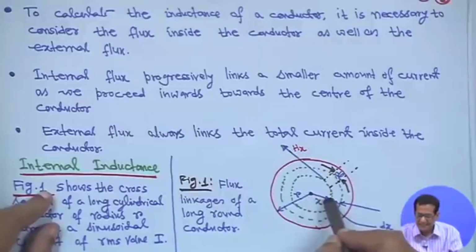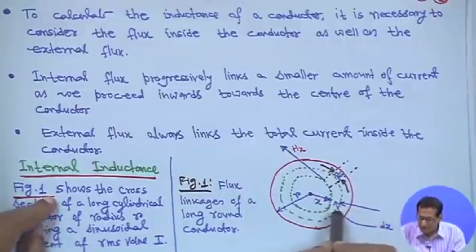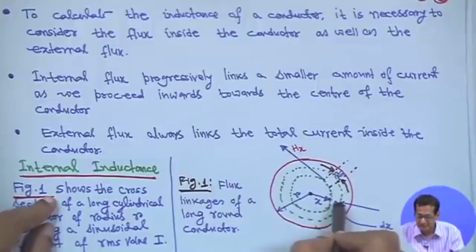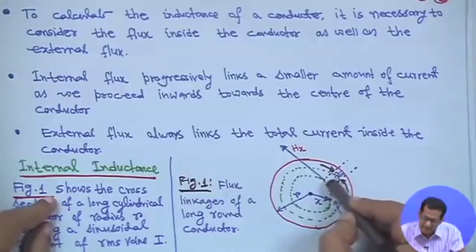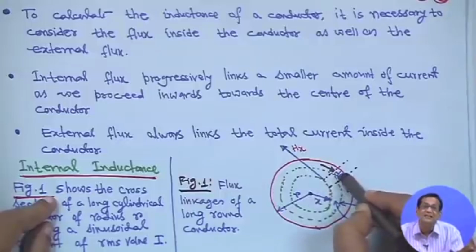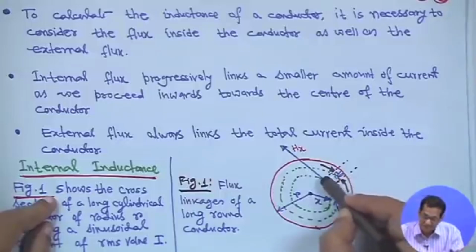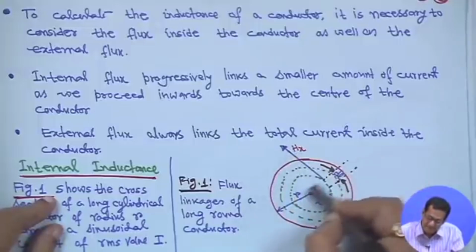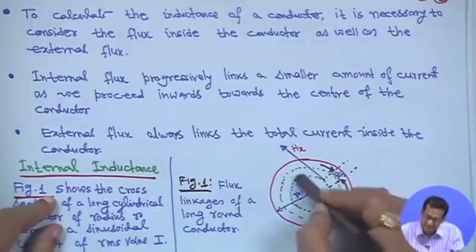Consider at a distance x an infinitesimally small length dx, and this is the arc length, a very small one, dl. Here it is x, and it is a circular path.